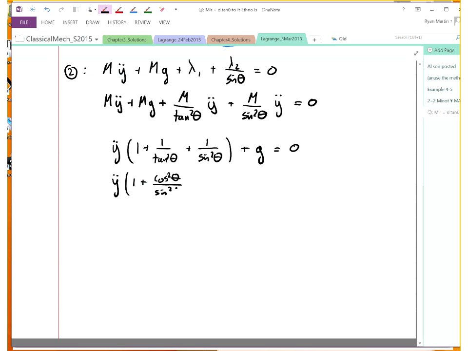So then 1 over that is cos over sine. And squared is just cos squared theta over sine squared theta. And then it's plus 1 over sine squared theta plus g equals 0.